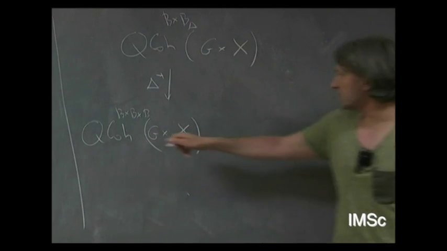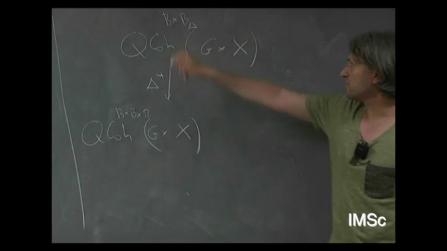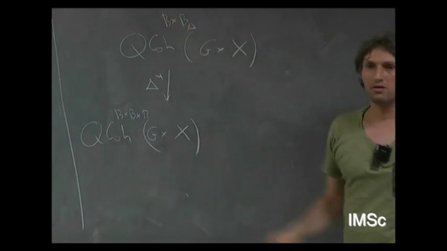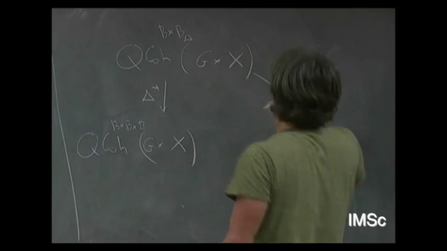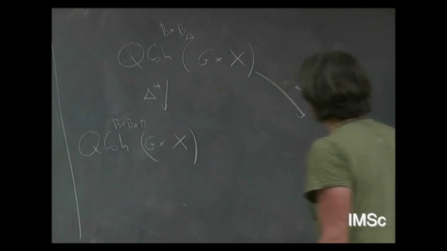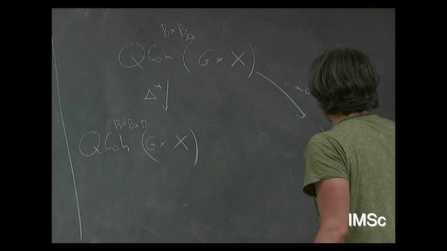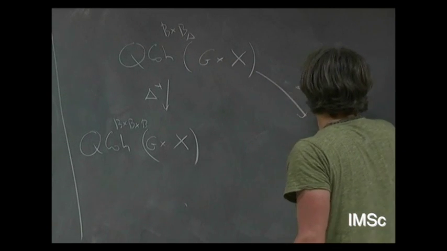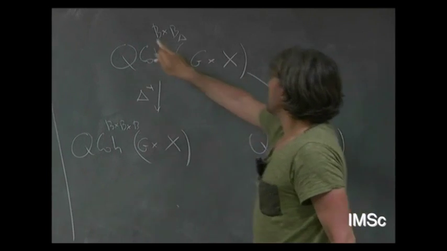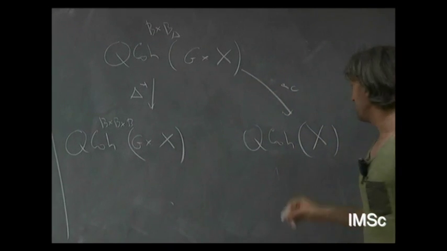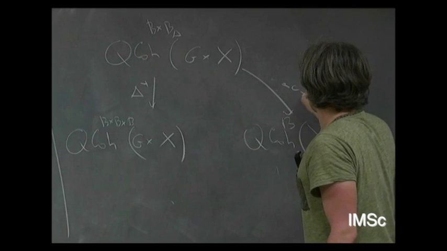So I'm just restricting equivariance from these 2 copies of B to 1 copy of B here. And then there's action, which goes from G times X to X. And from this equivariance, I have only the remaining equivariance with respect to 1 copy of B. This is push forward.